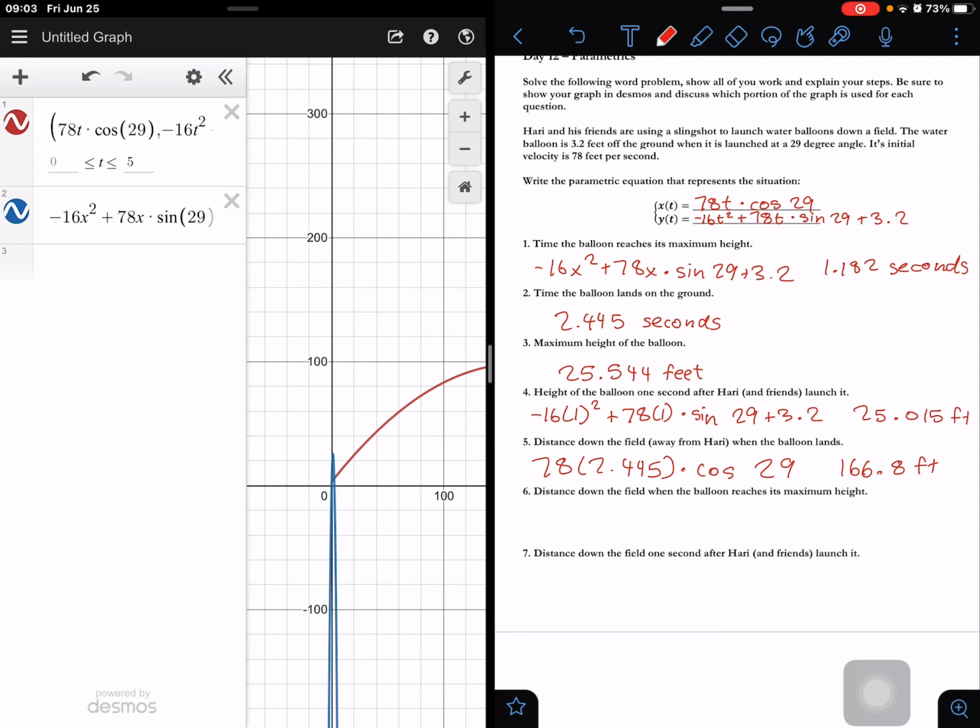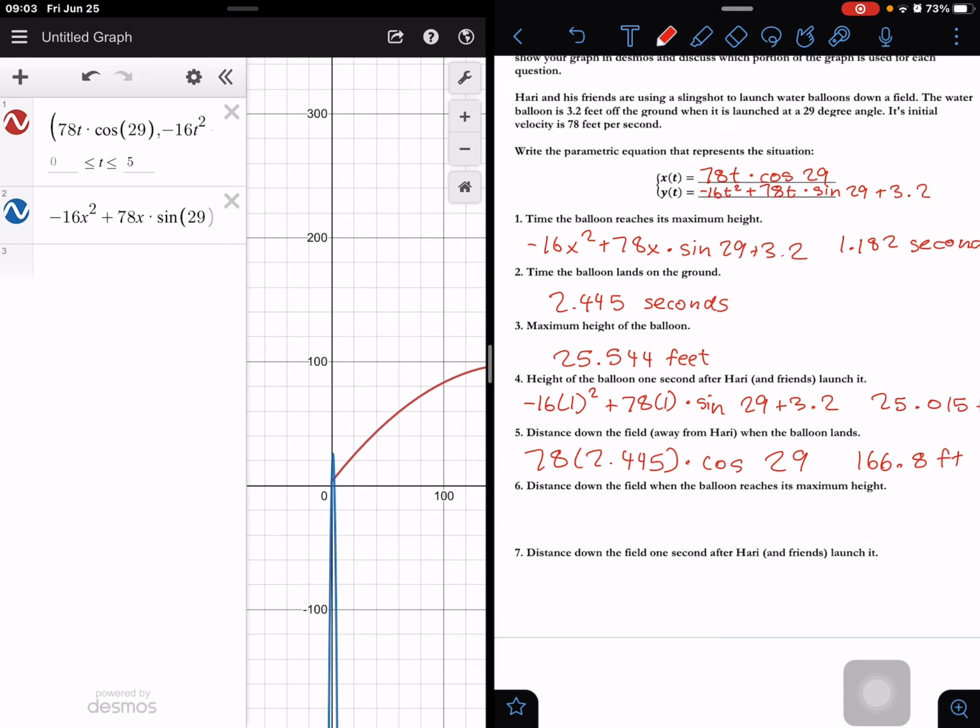And then you have to look at the distance down the field when the balloon reaches its maximum height. We've already found that the balloon reaches its maximum height at 1.182 seconds, so now we just plug 1.182 into the x equation.